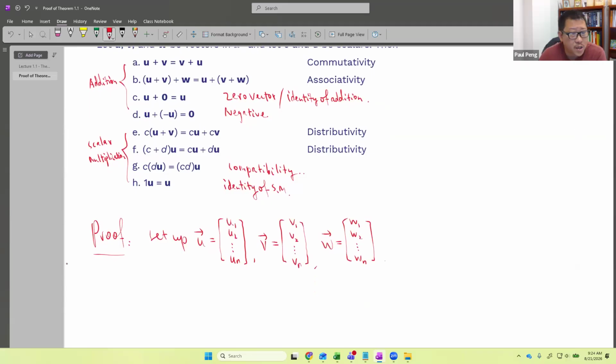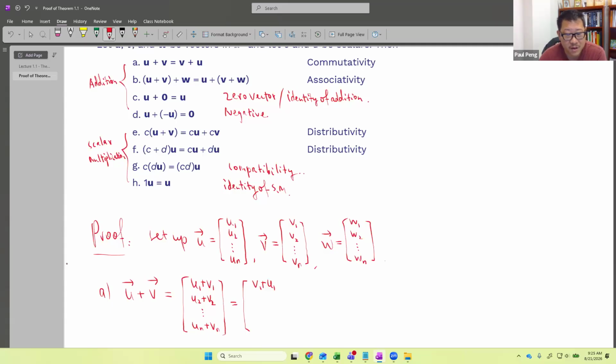Now we can do the first, commutative. Is vector addition commutative? We look at the left, u plus v. We have a definition, right? Which means this vector adds all the coordinates together: the first u1 plus v1, u2 plus v2 is the second, and it goes on, to un plus vn at the end. Is this equal to the right? Definitely, because number addition has the commutative property, so we can switch the order.